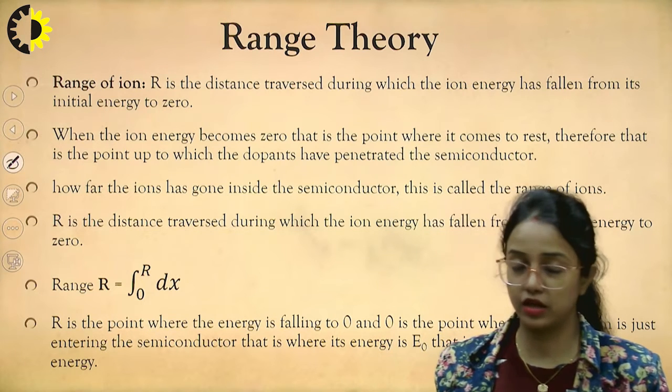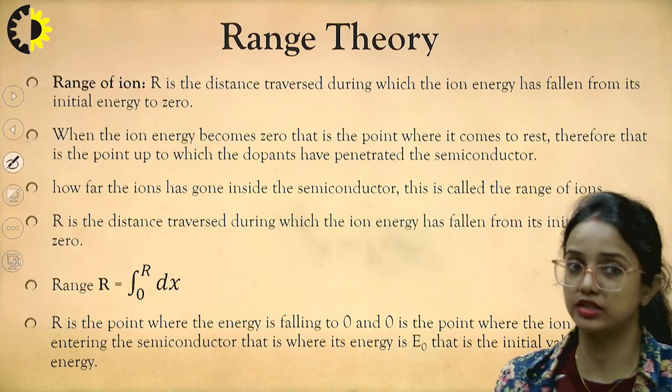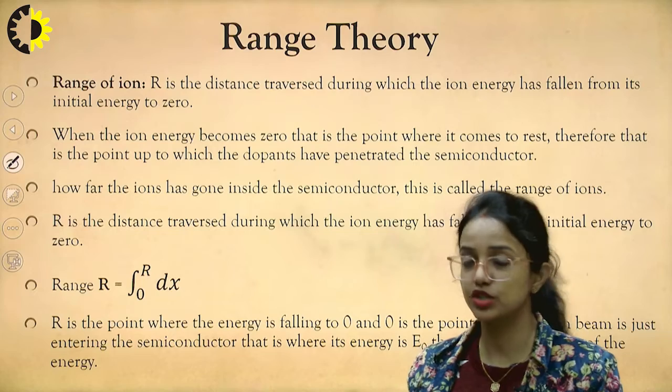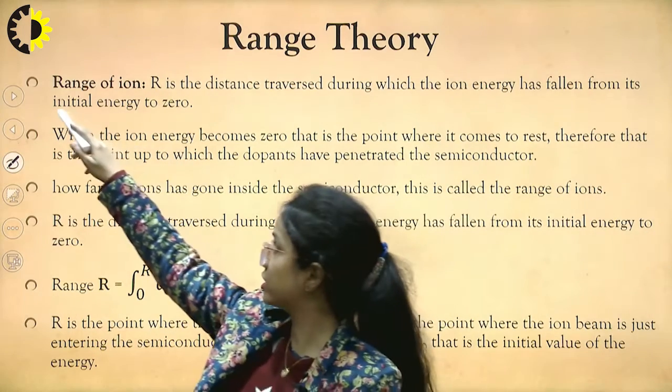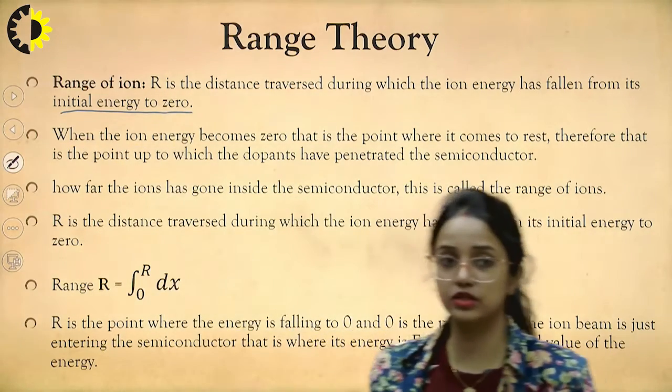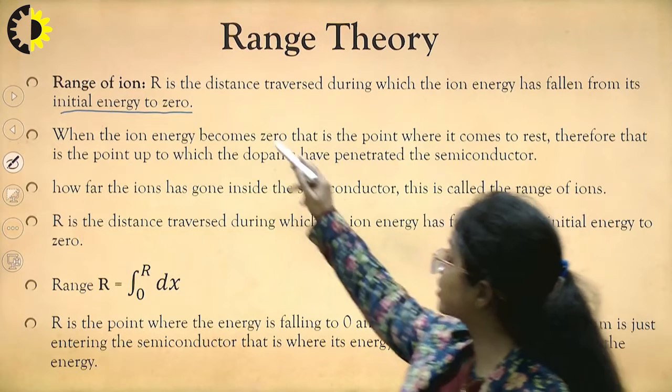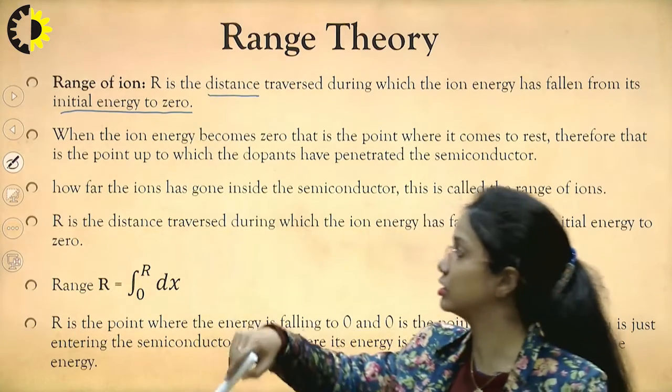The ion was having some initial energy. The distance traveled between the point of initial energy and the point where the ion is at zero energy is called the range.